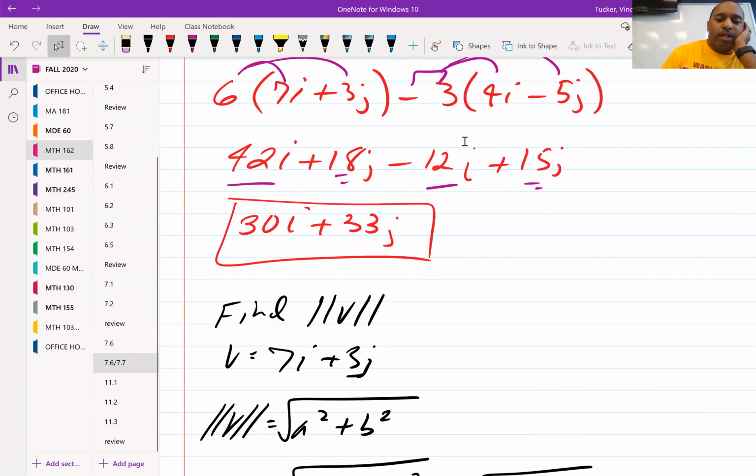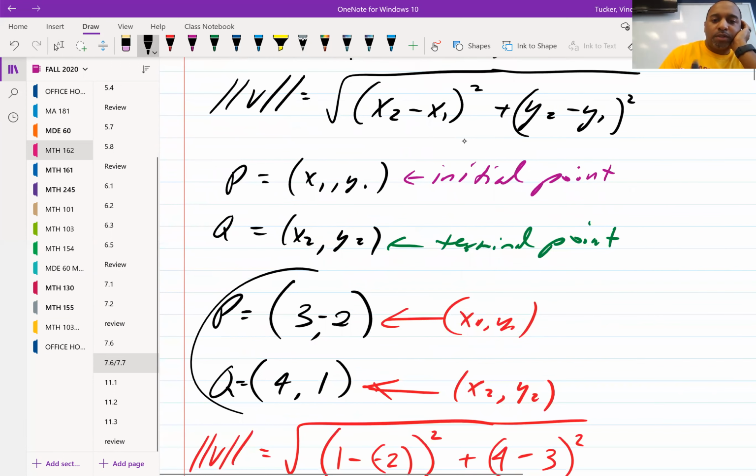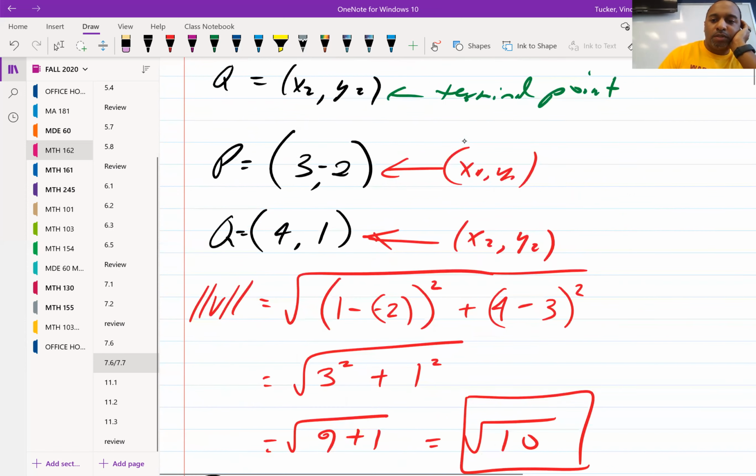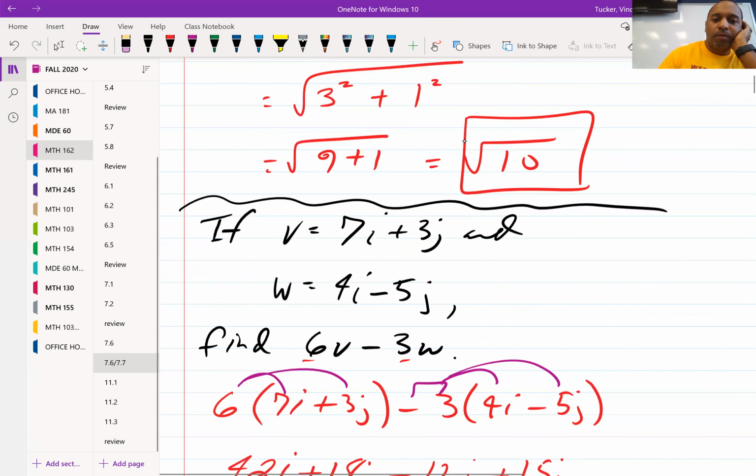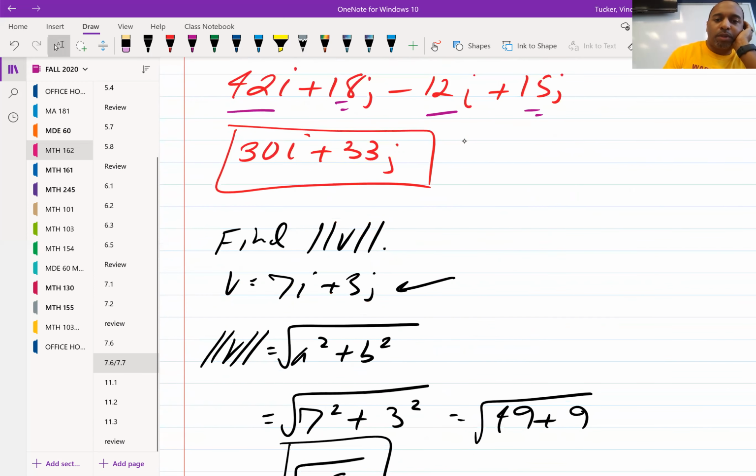Next one, they tell us to find the magnitude of V, but notice they give us our vector information as a linear vector, 7i plus 3j. If you go back to what we had before, we had our ordered pairs, and so we had to lean on this relationship. But here, when you have it set up this way, 7i plus 3j, you can just square the 7, square the 3, and add them together.